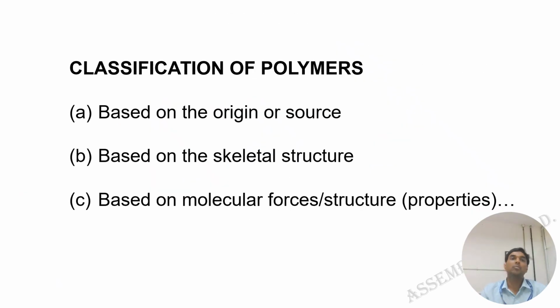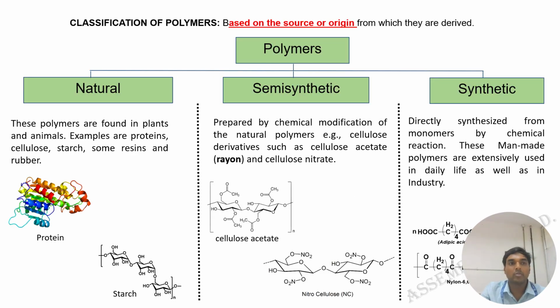Classification of polymers can be based on origin or source, skeleton structure, and molecular forces. For example, natural polymers: proteins, DNA, RNA, starch, and cellulose are natural because they are found in nature, in plants or animals. What is semi-synthetic?